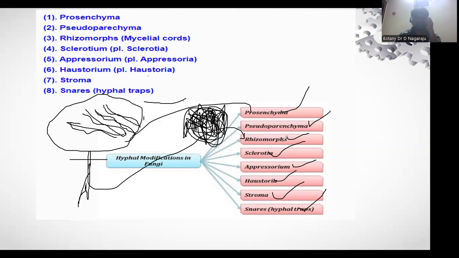Morphologically, structurally, it looks like a root, that's why we call it rhizomorph. And sclerotium: tightly coiled, woven, shaped structures are called sclerotia.